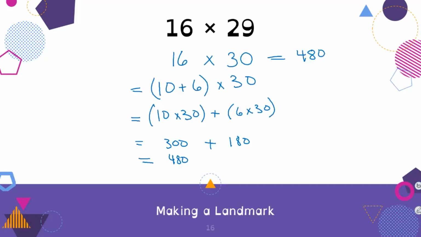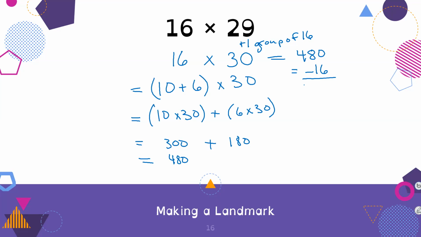Okay, so then how did I get from 29 to 30? Well, I added one, but I added one group, not just one individual thing. So I added one group of 16. So in order to figure out what 16 times 29 is, I need to subtract one group of 16 from 480.